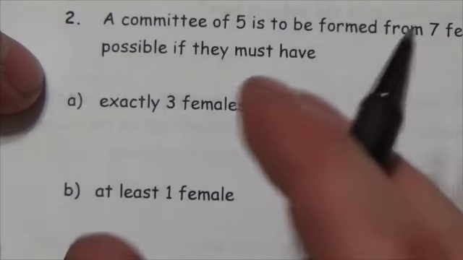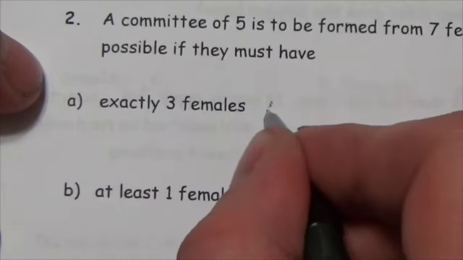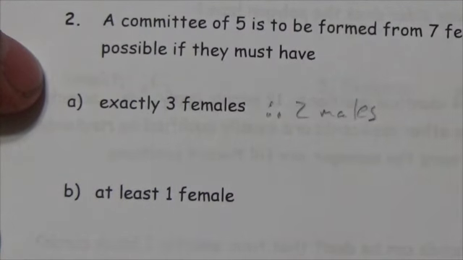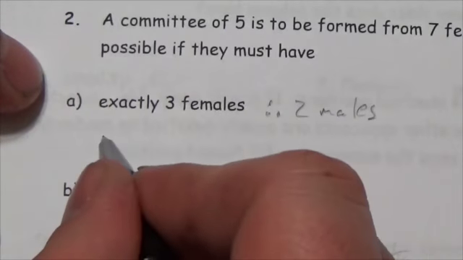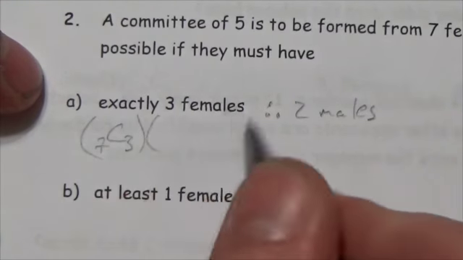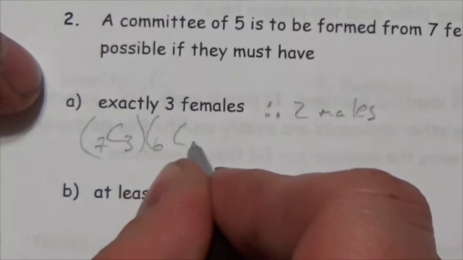The implication, although not stated, is that if you've got 3 females, you must have 2 males, because I need a committee of 5. So how do I get 3 females? That's 7 choose 3, and then for the males, 6 choose 2.